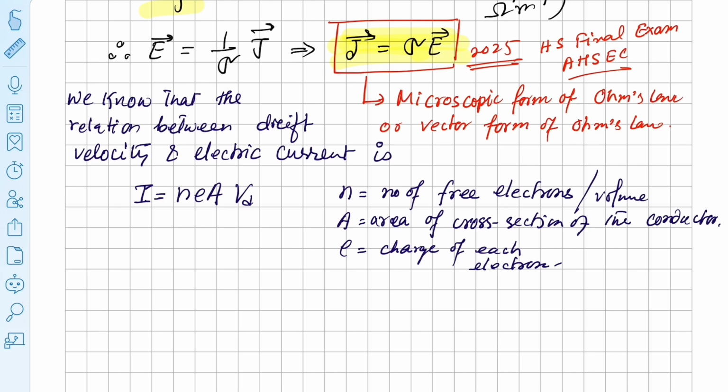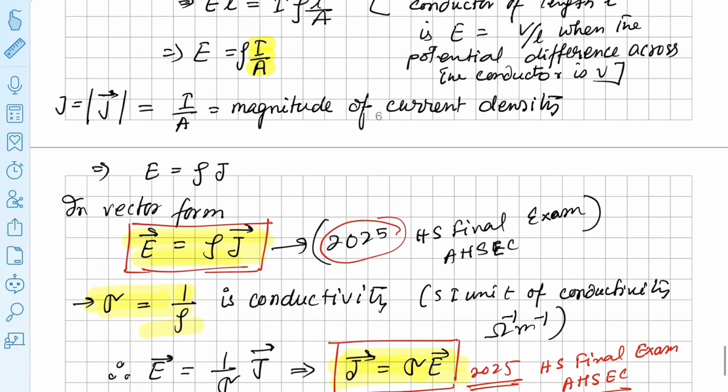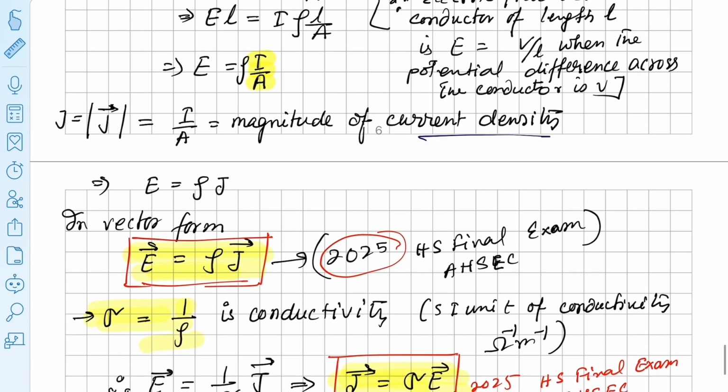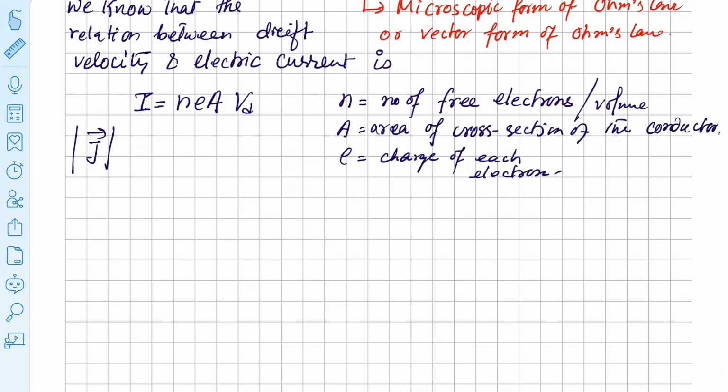Okay, so you see, we know that this J is called current density, right? I think I forgot to write here. Okay, this is current density. The magnitude of current density is given by I by A, right?